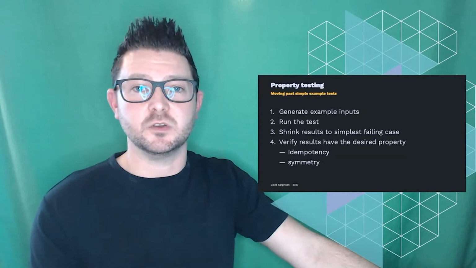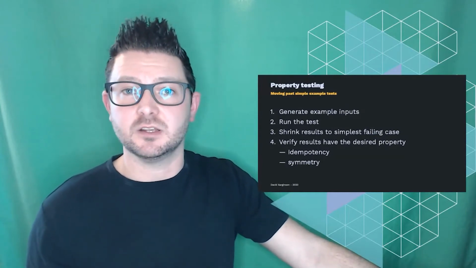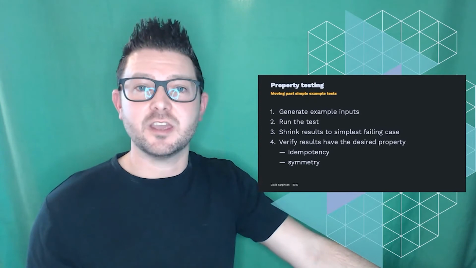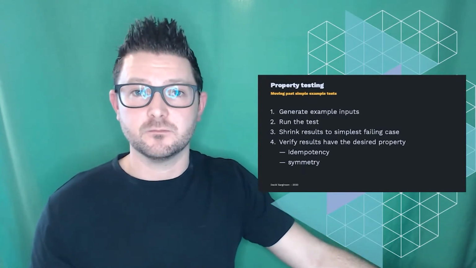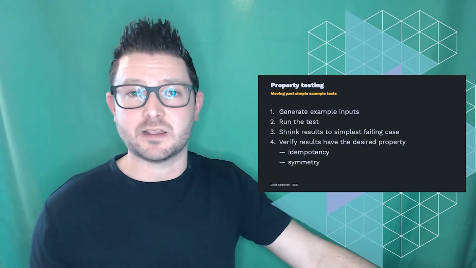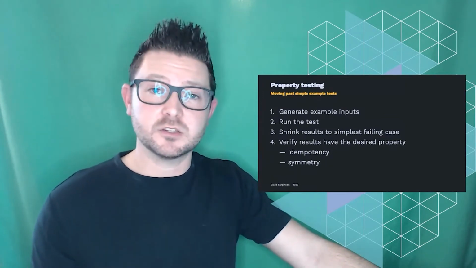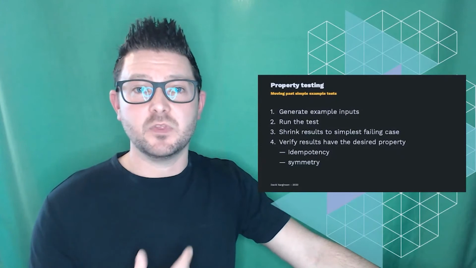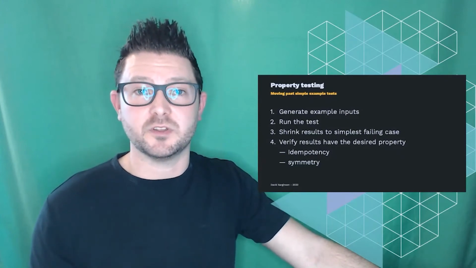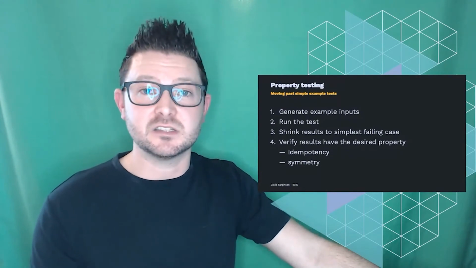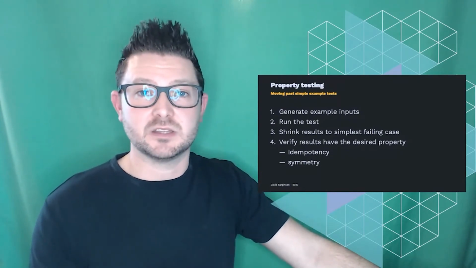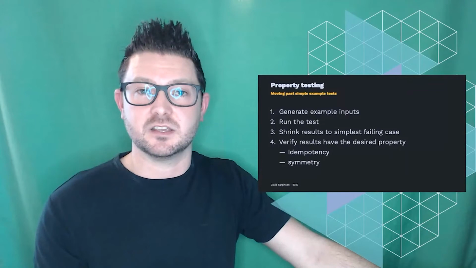What we want to do is create a generator, and that generator can create us arbitrary values for the input of our function, be it strings or complex objects. A lot of the tools that I show you next have built-in support for primitive types. If I want a function which takes a list of integers or takes an integer, that's already baked in. I just ask the generators to give me that.